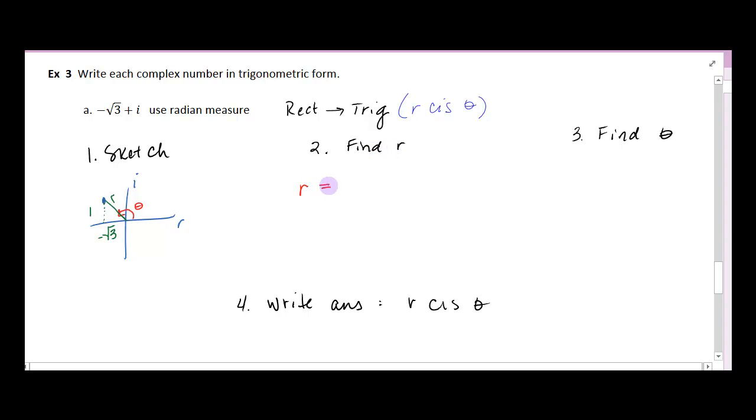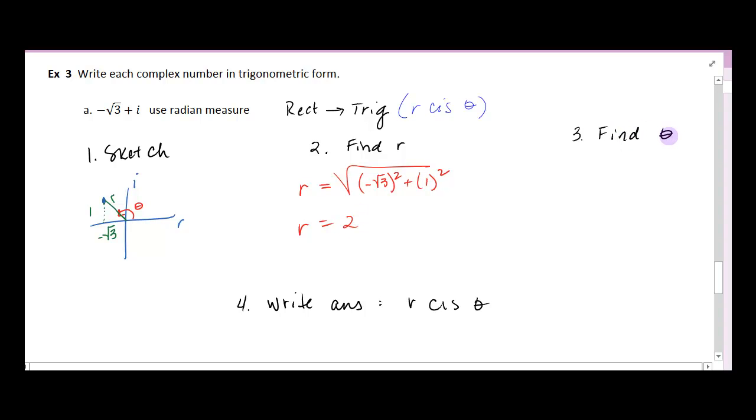Since r is the hypotenuse of this triangle, it's the square root of the x value, or the real value, squared, so negative square root of 3 squared plus the imaginary component, or 1 squared. We simplify this: 3 plus 1 is 4, and the square root of 4 is just 2. So there's the r portion.